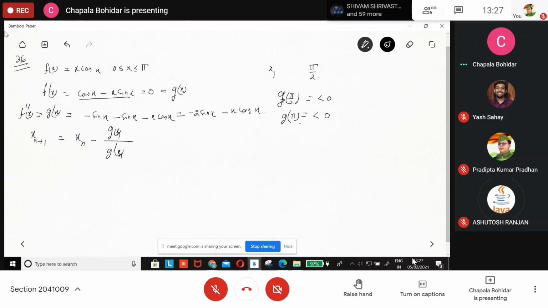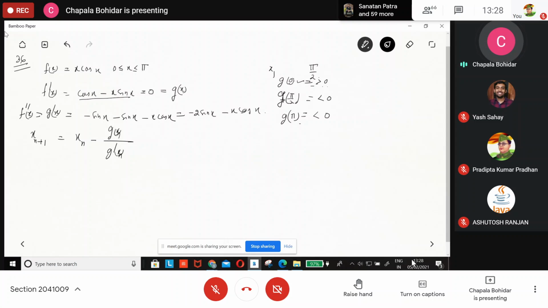Yes, ma'am. G of 0, I am getting it is greater than 0. So the root lies in between 0 to pi by 2.